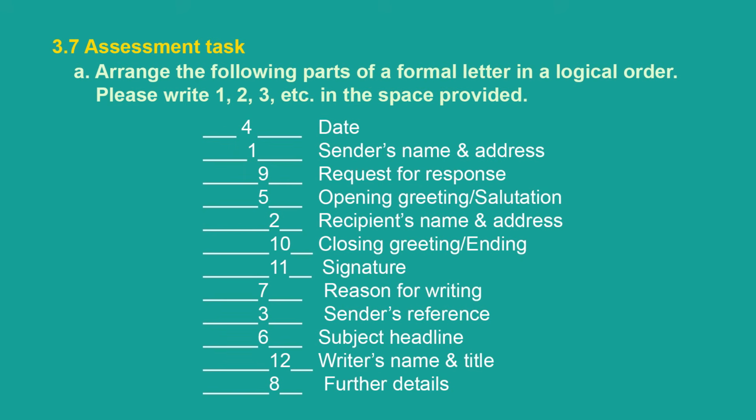Opening greetings or salutation number 5. Recipient's name and address number 2. Closing greeting or ending number 10. Signature is 11. Reason for writing 7. Sender's reference 3. Subject headline 6. Writer's name and title 12. Further details 8.